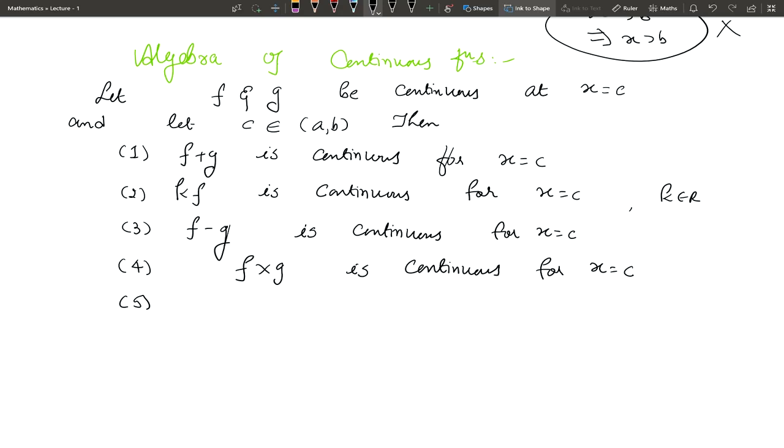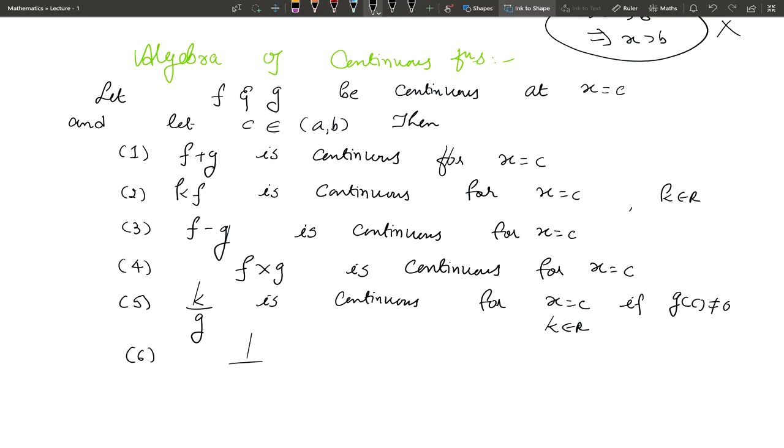Next one, fifth, k by g is continuous for x equal to c, subject to the condition that the denominator should not be 0, so g of c not equal to 0 and k belongs to R. Numerator is constant where k belongs to R. And sixth one, important one, f by g is continuous for x equal to c.